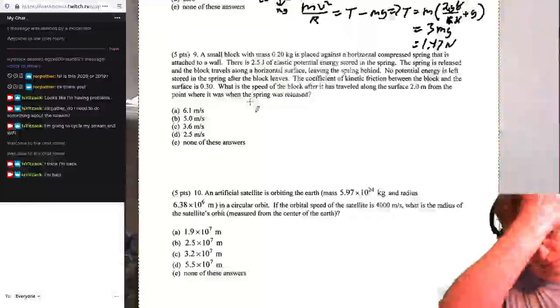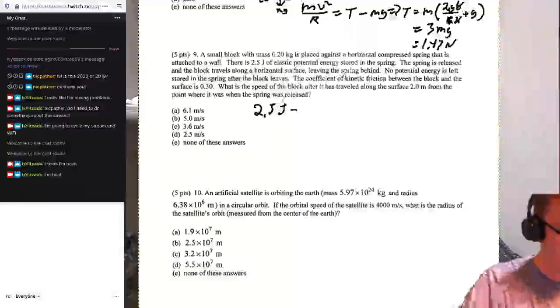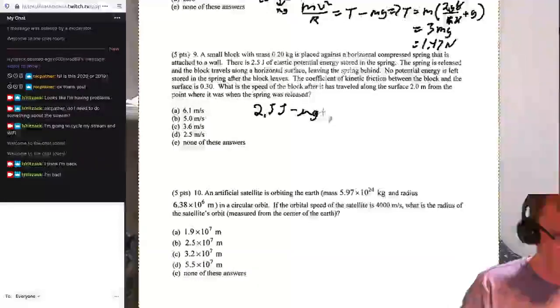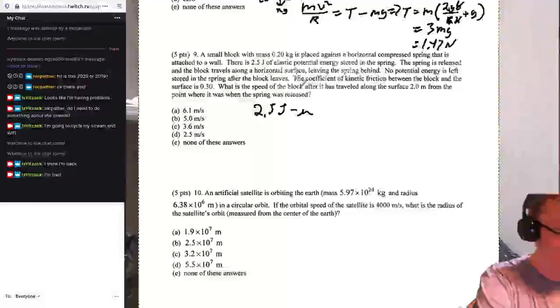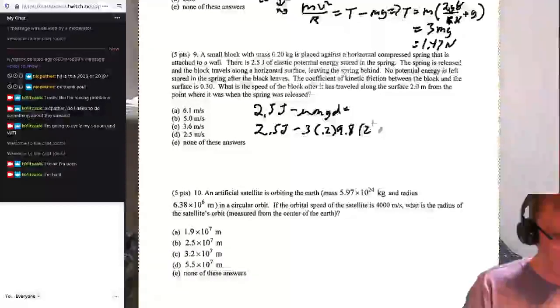So we have 2.5 joules available to us. Subtract off the force of friction, which is μmg, and then we need the distance that we traveled, which is 2 meters. So that is 2.5 joules minus 0.3 times mass of 0.2 times gravity times distance of 2 meters.